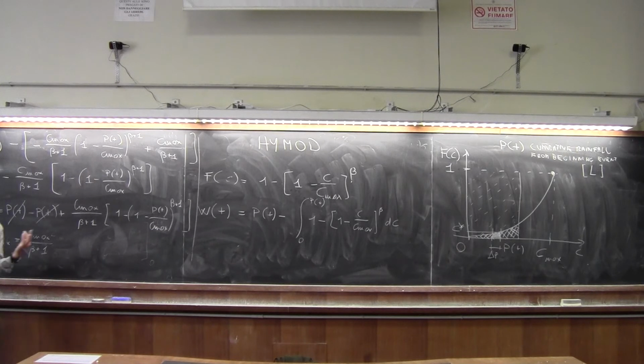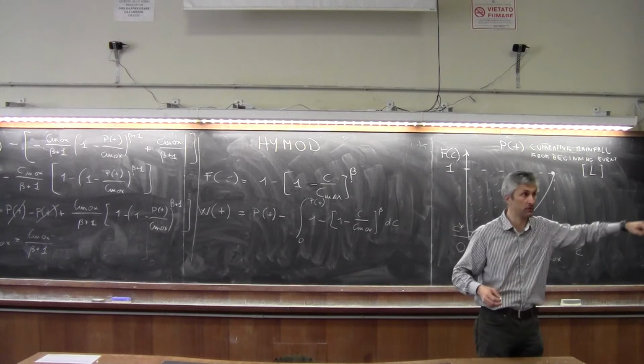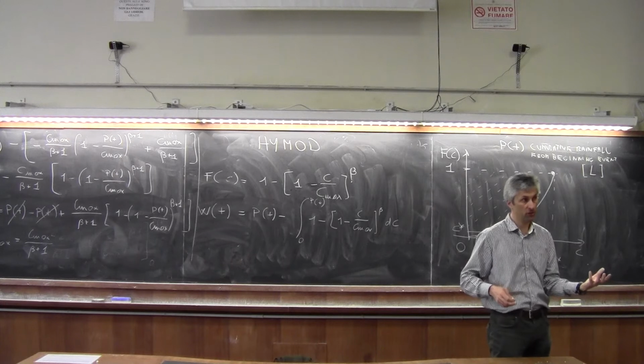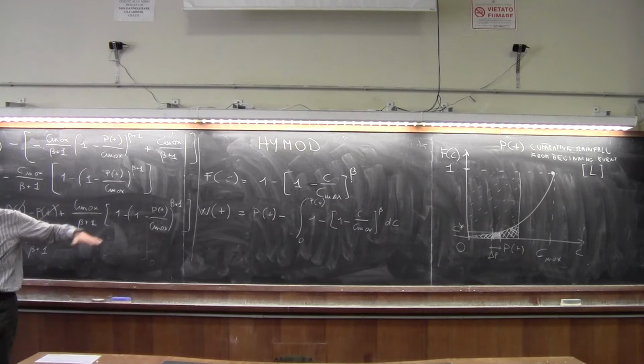Of course it is lower, because Cmax you get only in one point. In the other points of the catchment, you have a potential storage that is lower than Cmax. And therefore your maximum water volume is a kind of average over the catchment and is lower than Cmax. So this is an important thing to clarify in your mind: the difference between Cmax, the maximum possible storage that you get in only one point, and the maximum water storage.